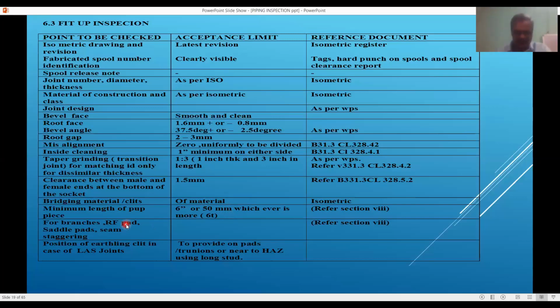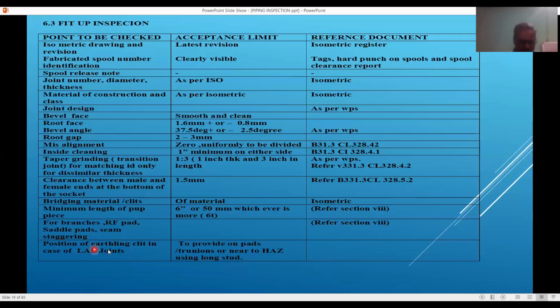Bridging materials or materials as per isometric. Minimum length of a pup is 6 inches or 50 mm, whichever is more, or 6 times the thickness. Reference section 8. For branches, reinforcement pads, saddles, pads, seam staggering, reference section 8.